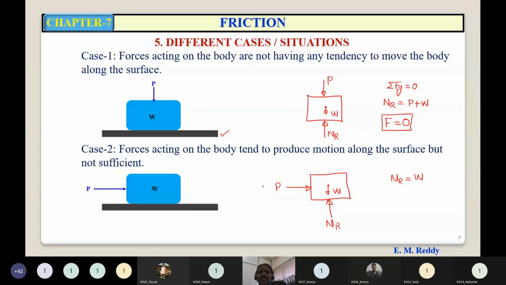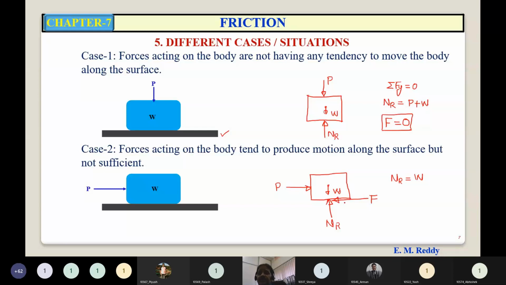But in the horizontal direction also, this force is not sufficient to produce the motion. That means the body is in equilibrium. So this applied force P is opposed by this friction force. Because the body is tending to move along the surface, friction will develop between the body and the surface in the opposite direction of the tendency of motion of the body.